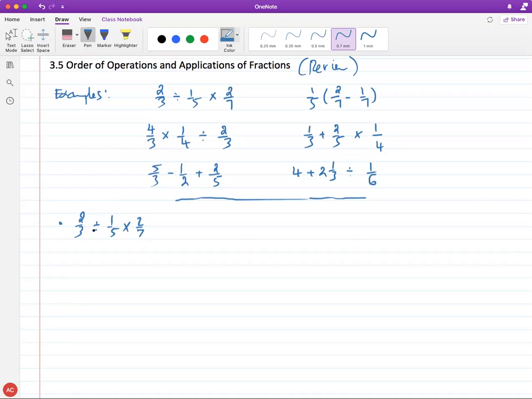You divide. That's right, and division before multiplication, that's left to right. And how do you do division of fractions again? Keep, change, flip. That's right. Bring this down.